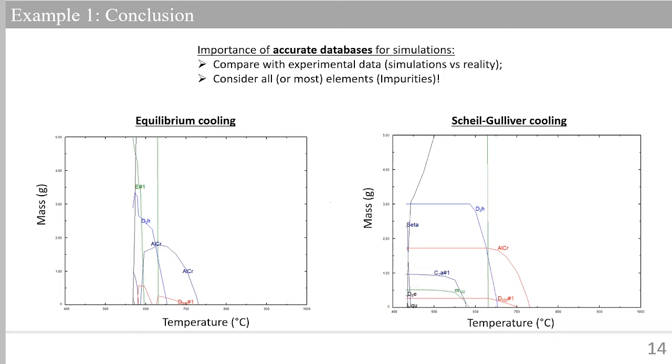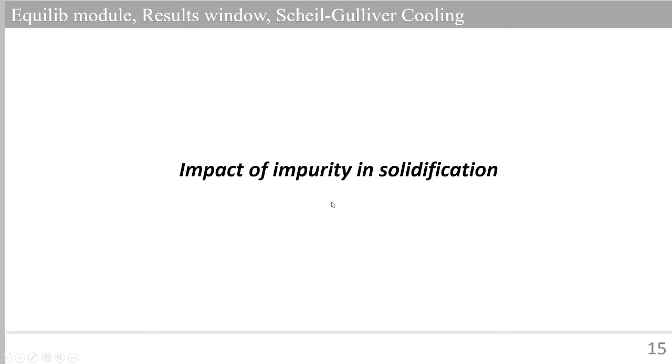But it is important to compare with experimental data, because simulations can often deviate from reality, and one of these deviations could be other elements that perhaps we didn't consider, such as impurities. And this will be the topic of our next example, which is the impact of impurities in solidification.